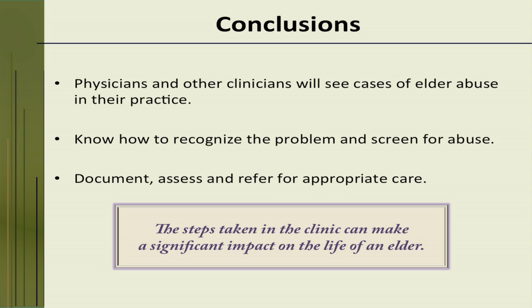The steps taken in the clinic can make a significant impact on the life of an older adult, and so it's very important that we make screening for abuse in clinic settings routine, and we follow certain procedures so that we can pick up on it. If we see even the slightest suspicion of abuse, it's okay to make that referral because we know that it doesn't do any undue harm for that older adult in the long run.